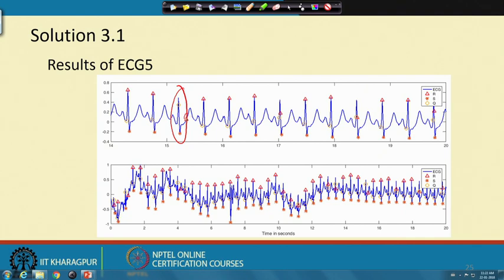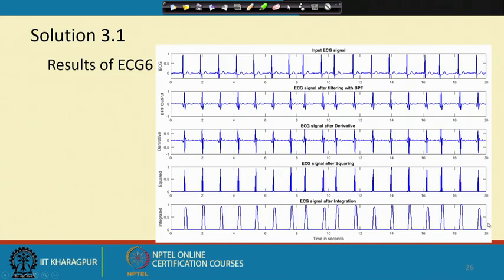R is marked here wrongly. Here, at another place, R is missed. So, several such misses are there. So, for ECG 5, the Pan-Tompkins algorithm in this form could not give a very good result.